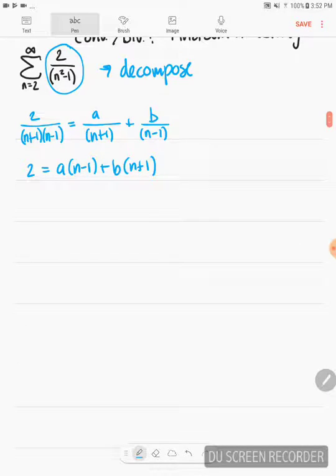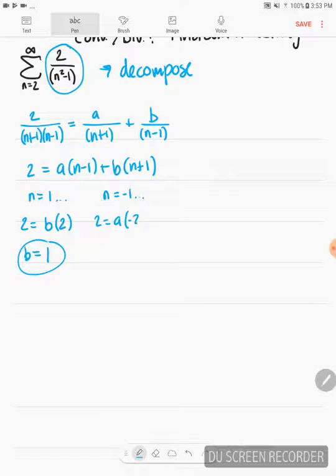Perfect. Let's go ahead and plug in n equals 1 to cancel this out. If n equals 1, we're going to have 2 equals b times 2. So b is therefore 2 over 2, which is 1. Perfect. And now if we plug in n equals negative 1, that's going to cancel out, and we'll have 2 equals a times negative 2.